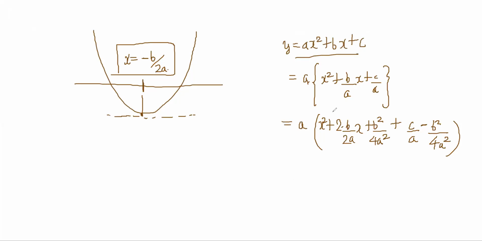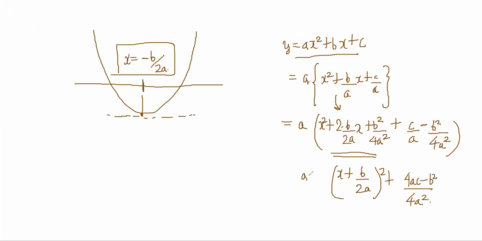I am completing the square, so I can make it a perfect square: x plus b by 2a whole square plus 4ac minus b square by 4a square, multiplied by a.